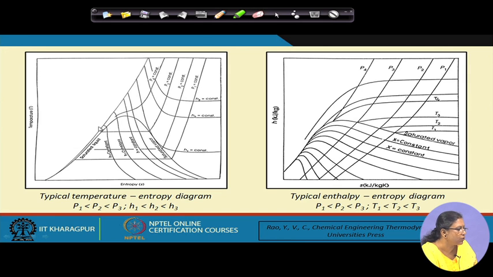Then there are also the typical temperature entropy diagram and also the enthalpy entropy diagram, which is very easy. And regarding this enthalpy entropy diagram, this is known as the Mollier chart. This is very convenient because from here we can find out enthalpy, we can find out entropy, and since it contains constant pressure lines, constant temperature lines, as well as constant quality lines in the two-phase region, this gives us a large amount of information, and this is a very popular chart which is used for predicting the properties of gases.